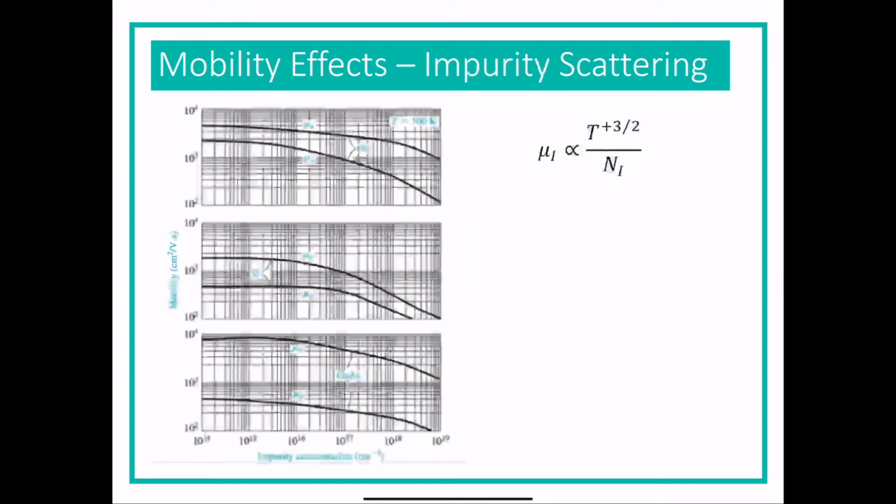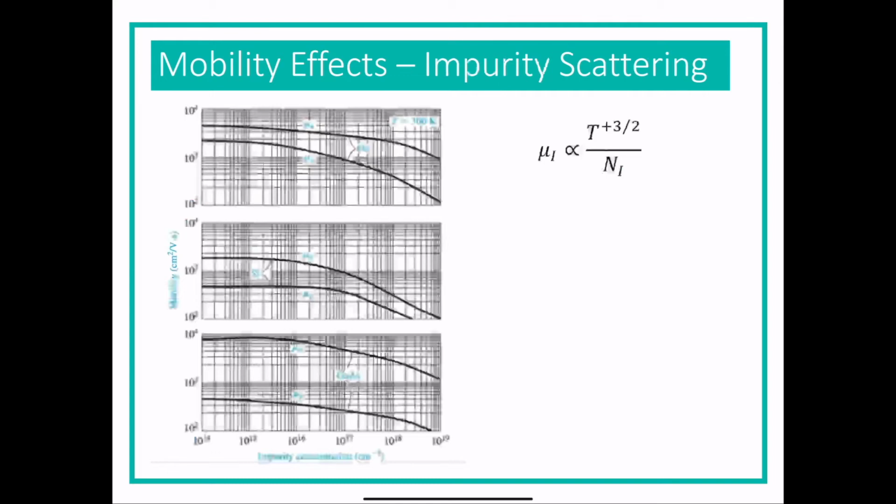Also, for impurity scattering, we have again a relationship with the number of impurities and the temperature. This time it's related more positively to the temperature, but it's to the +3/2.